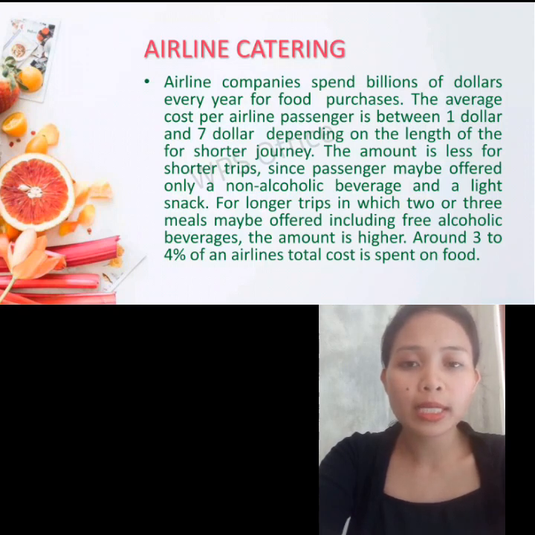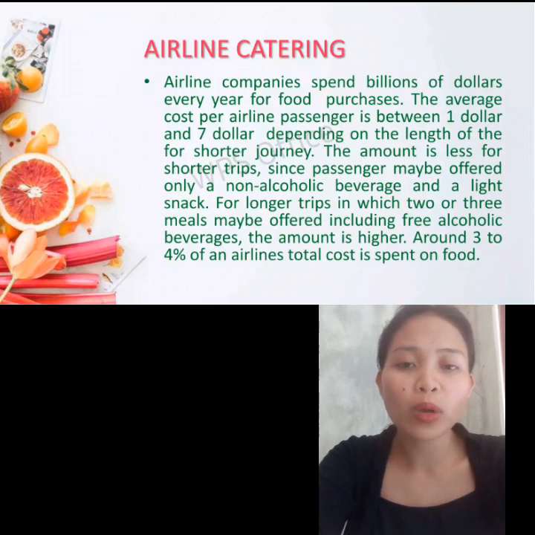In contrast, longer trips that include 2 or 3 meals along with free alcoholic beverages have a higher average cost per passenger. On average, airlines allocate approximately 3 to 4% of their total cost towards food expenses. This percentage reflects the importance of providing quality meals and beverages to enhance the overall passenger experience.